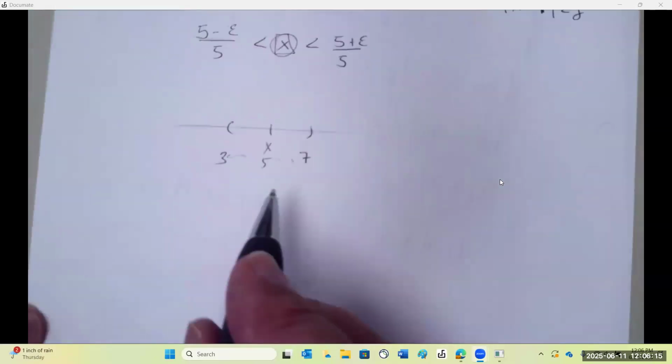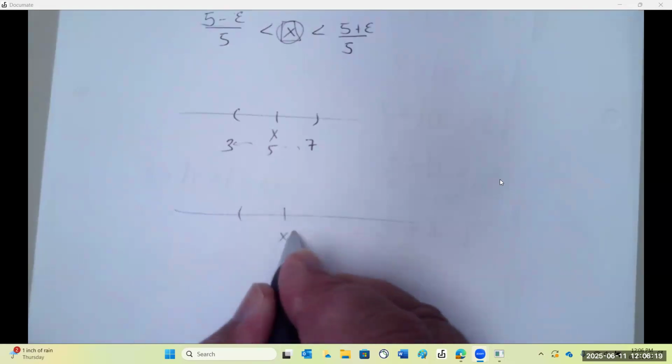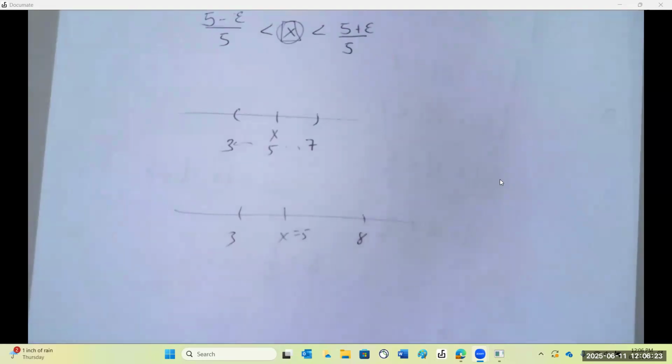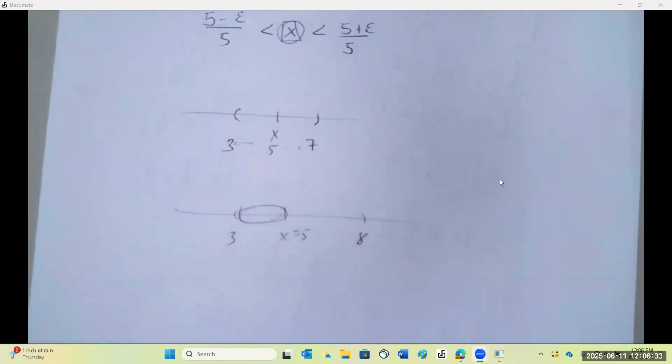But what if it's not symmetric? What if we have an x value, let's say this is 5, and we have 3 and 8? It's not symmetric anymore. What happens there? We choose the shorter distance, the shorter delta value.